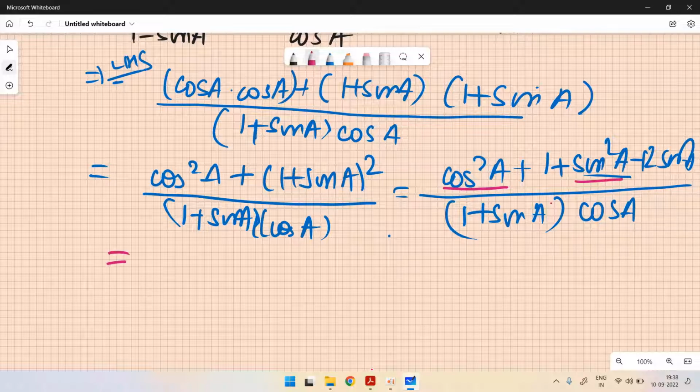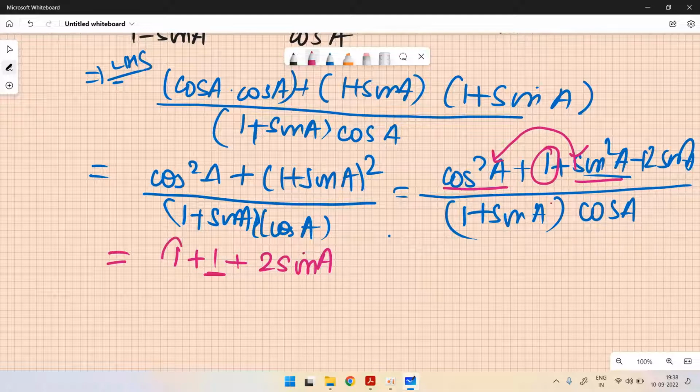So I can write this expression as 1 plus 1 plus 2 sin A. This 1 is for cos square A plus sin square A becomes 1, and this 1 is for this one, and my denominator is still 1 plus sin A by cos A.